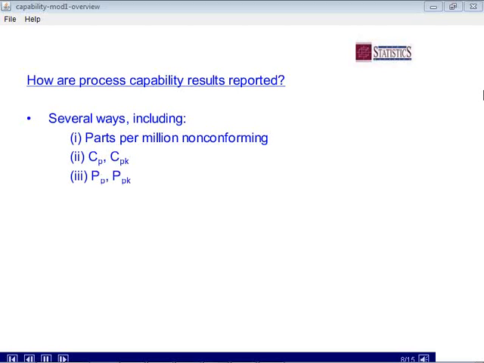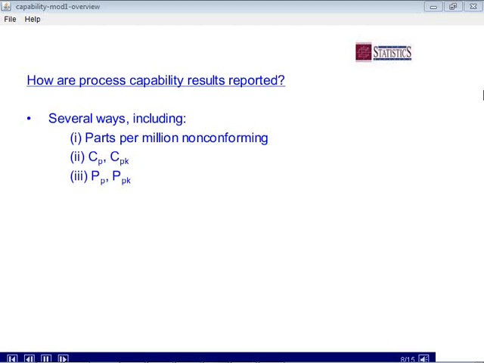Typically, one finds that CP and CPK values are also reported. Now, this is an area that we're going to be discussing in much more detail with regards to normally distributed data. As you'll see, if the assumption of normality is violated even slightly, then these values that we obtain for CP and CPK can be seriously disingenuous.